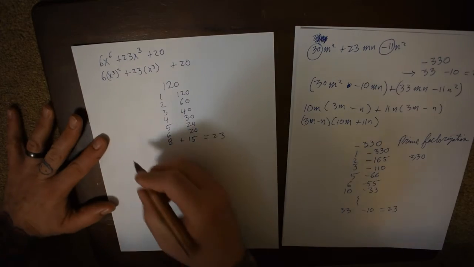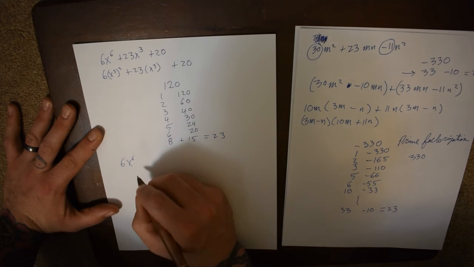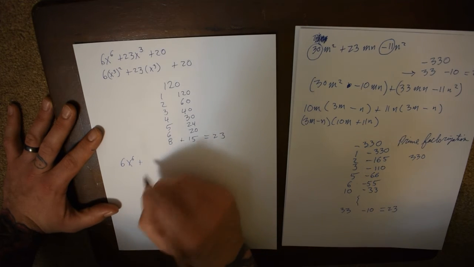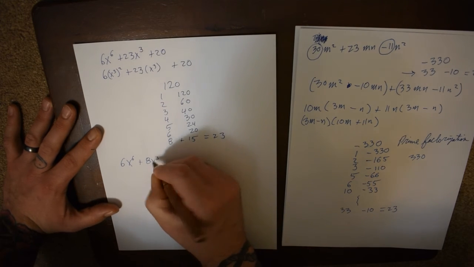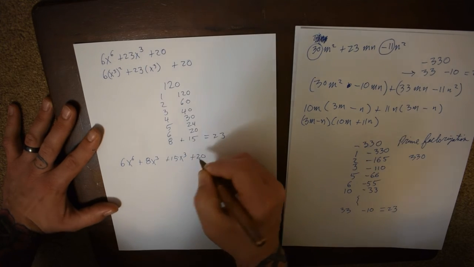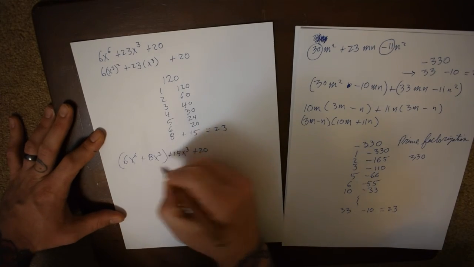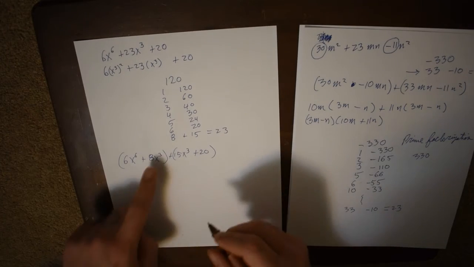So we write this trinomial, plus 8x cubed plus 15x cubed plus 20. Once again, could have written them in either order. Group the first two, group the last two. What's common?